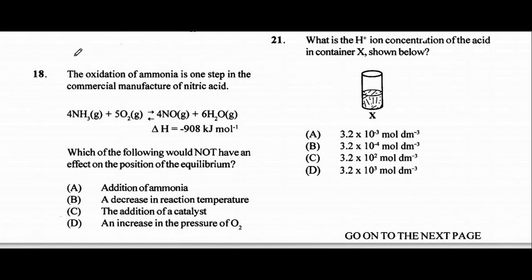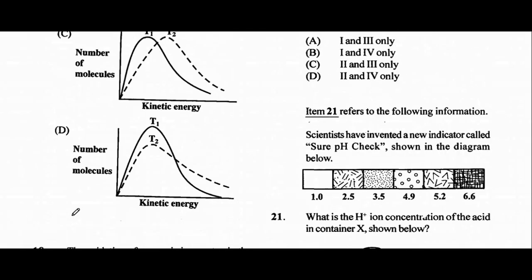However, if you add a catalyst, all that would do is speed up the reaction, but everything will remain the same or constant, and the equilibrium will still be there. So that would not have an effect on the position of the equilibrium. C. Alright, let's move up to 19.